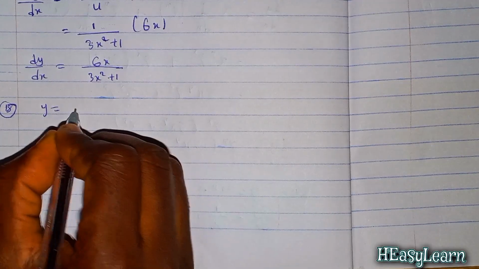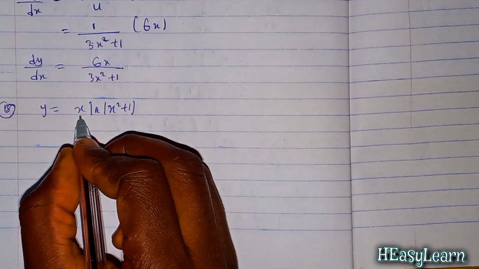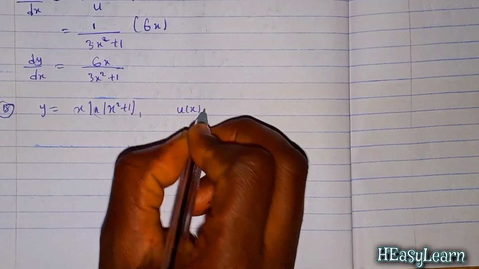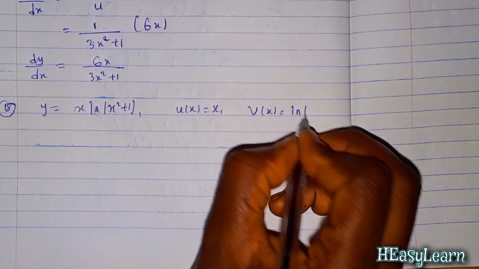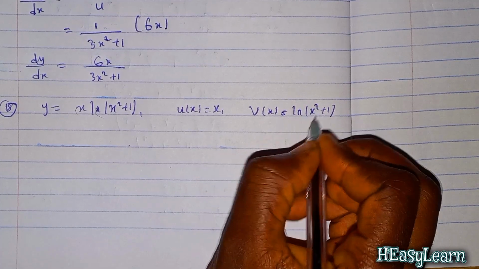Let y equal x ln (x squared plus 1). This is a product of a polynomial and a logarithm function. In this case, u of x is equal to x and v of x is equal to ln (x squared plus 1), which is also a function of a function.